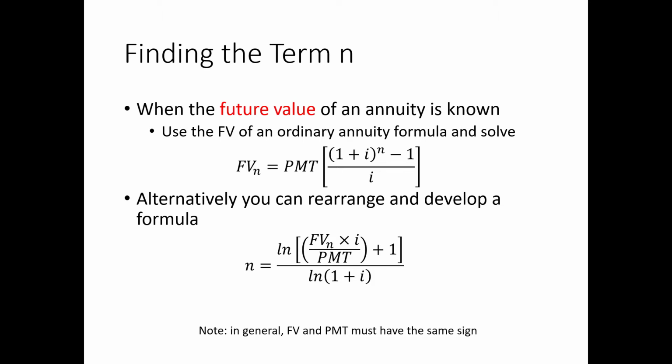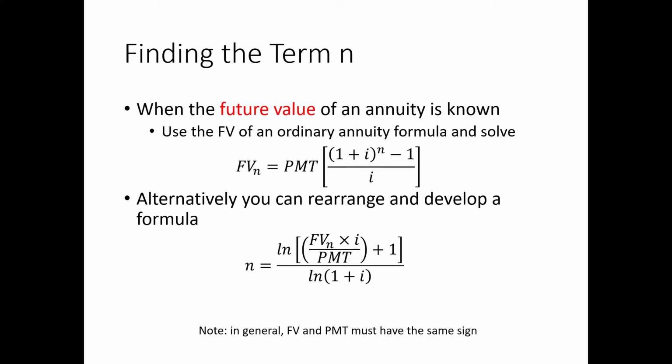Now, we remember back from our good old high school days that you can't find the natural logarithm of a negative number. It doesn't exist. So typically, when we're solving for n, we just have to be aware that the future value and the payment are going to have the same sign. Both positive, both negative, whatever the case may be.